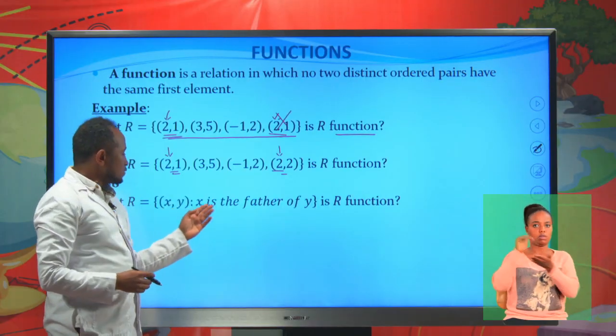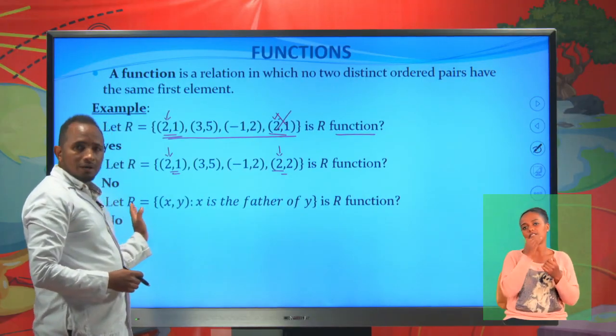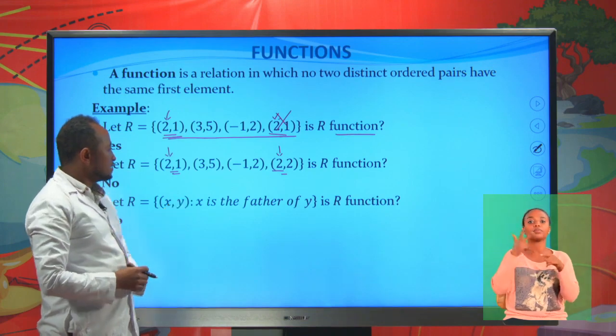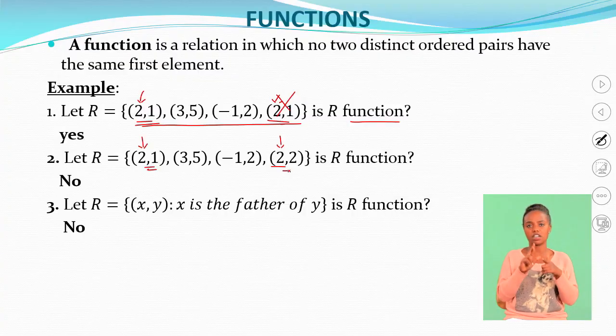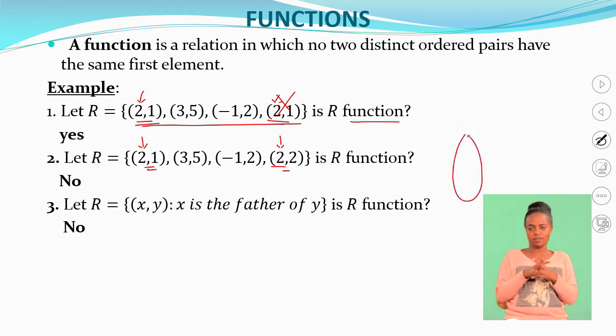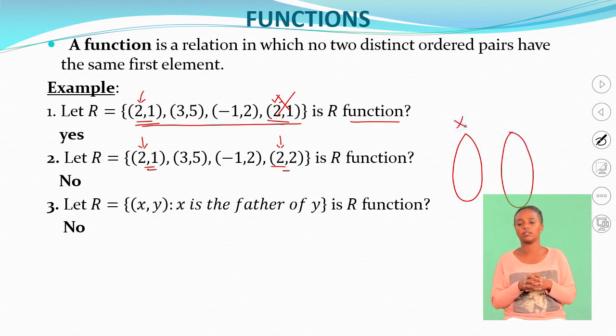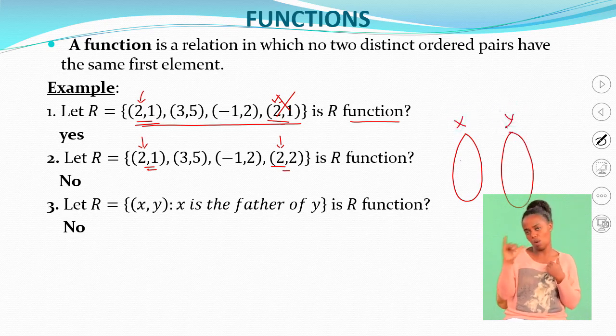Now, let's check this one. Let R be this ordered pair (x, y) which says that x is the father of y. Is it a function? To check this, we have x here and y here. Here x is a father and y the children.